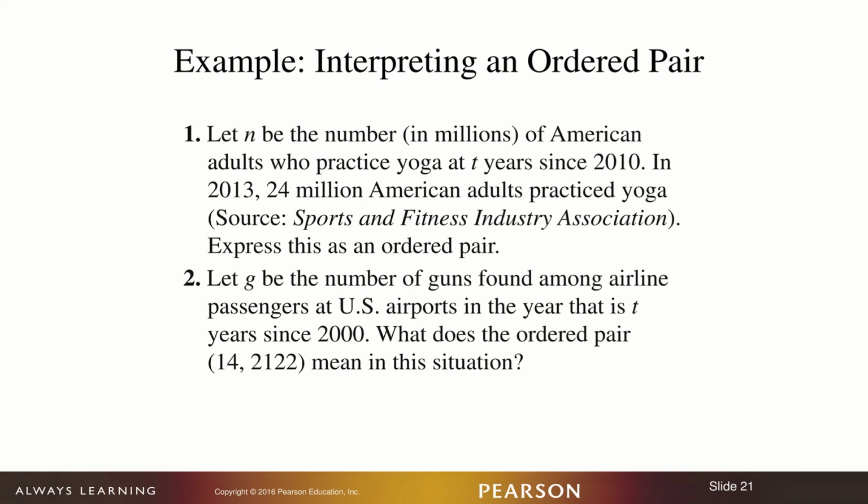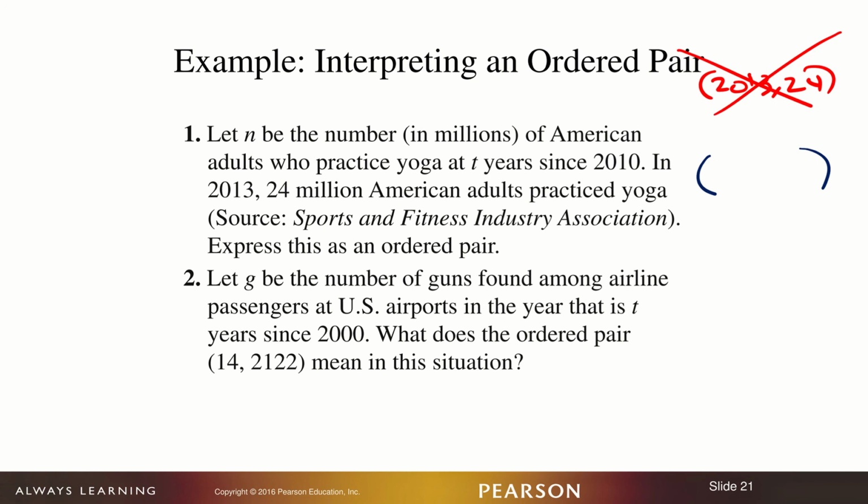So notice that in your ordered pair, this is a very, very common error. Students put 2013, 24. So again, we don't want to do this. This is incorrect, but it is common, so I'm showing you. What you want to do is listen to what they want to go in here, and that is the number of years since 2010.